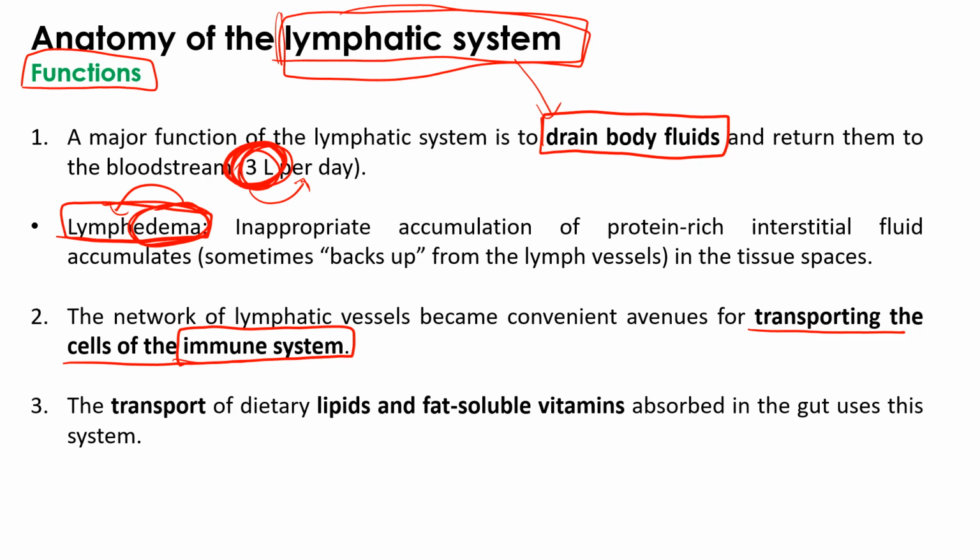What is the other function, and this is important for what we're going to cover next, is that whenever you eat fats or lipids in your diet, especially lipids and fat soluble vitamins, those things are not soluble in water. So the way your intestine will absorb these lipids and fats is using the lymphatic system instead of the cardiovascular system.